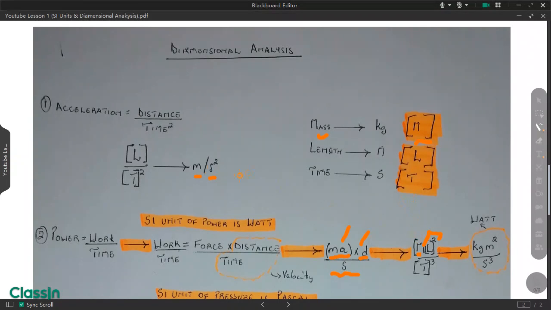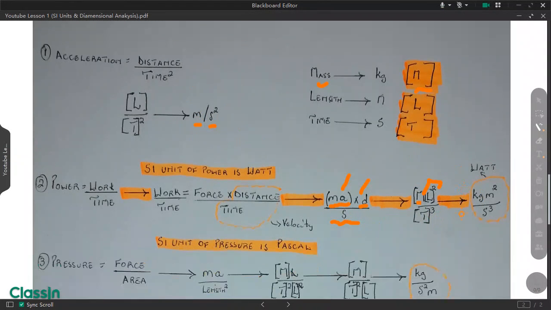And then remember, acceleration is meters per second squared. So this second squared goes to the denominator times this second is going to be T cubed, which gives us the unit of power. This is just the breakdown of dimensional analysis using the fundamental base quantities.